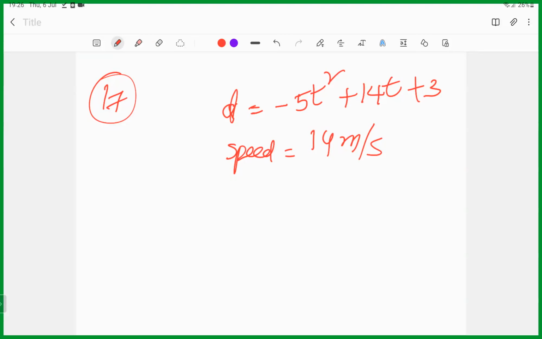So if you substitute t equal to 0, what is the value? 3. If you substitute t equal to 3, what is the value in the equation?